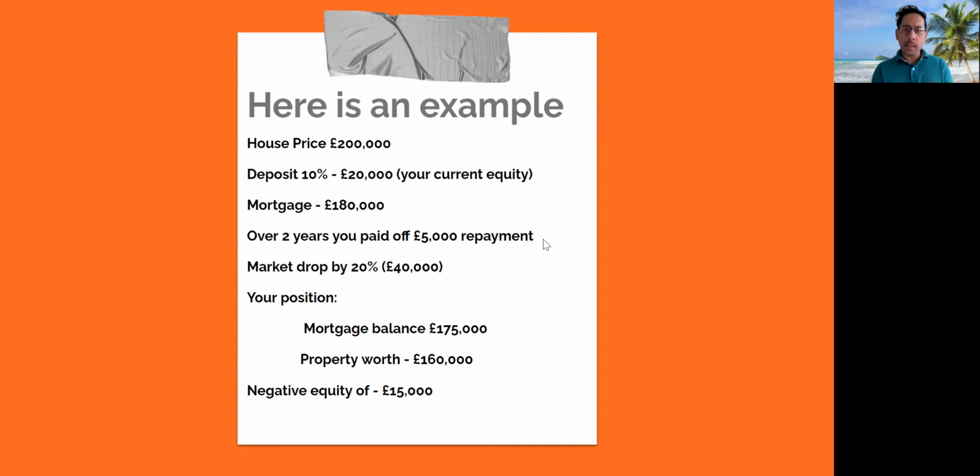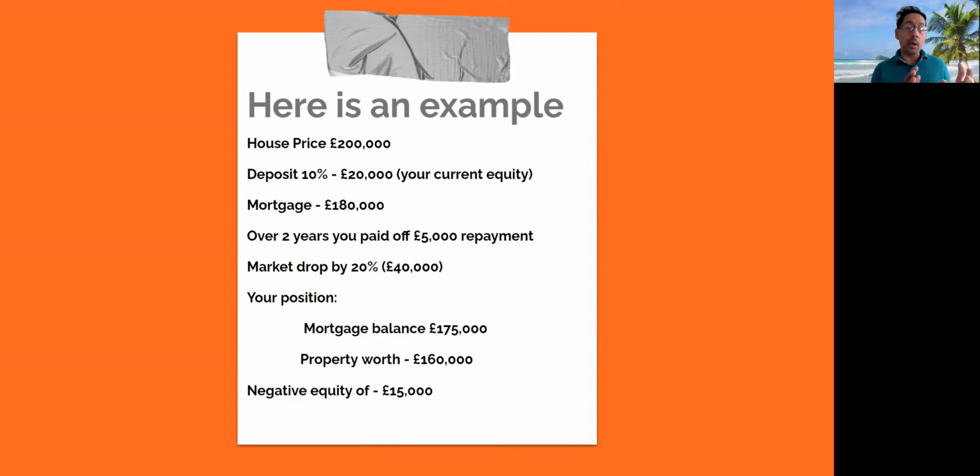So going back to the example, you paid £5,000 over the next 2 years, but unfortunately, the market dropped by 20%. Two or three years ago, no one knew that COVID was going to hit the whole world. Which means that we should be ready and planning for whatever may come in future.